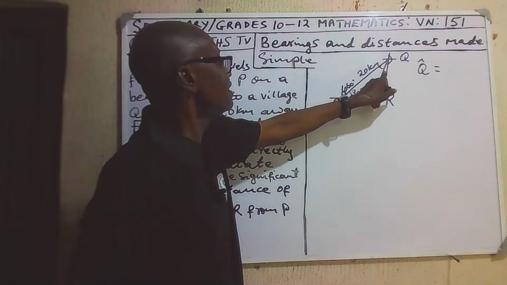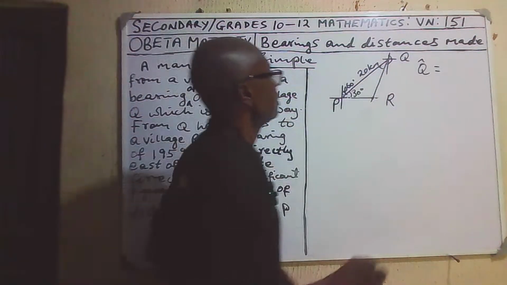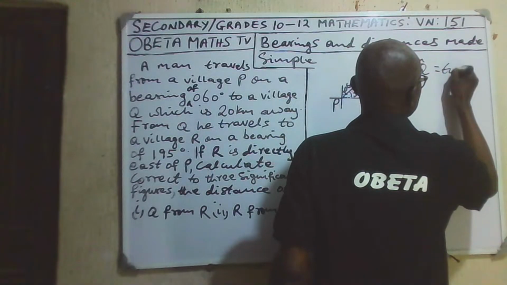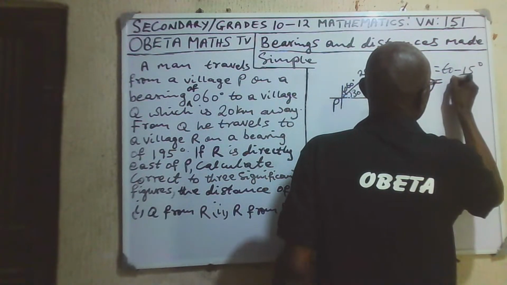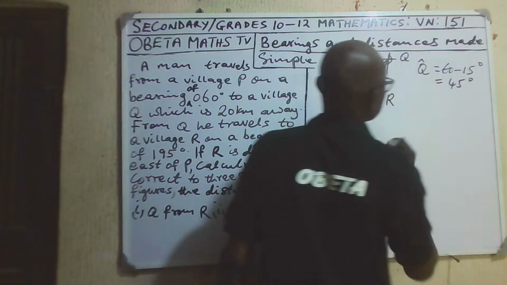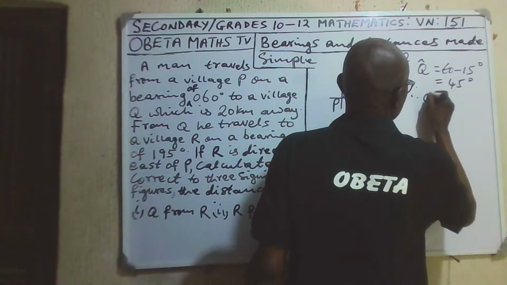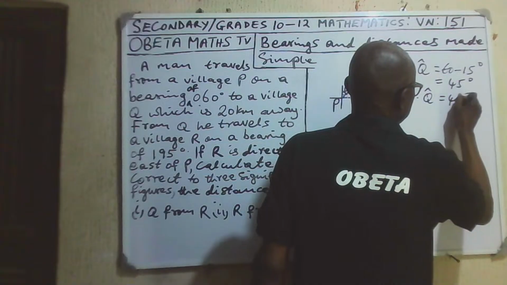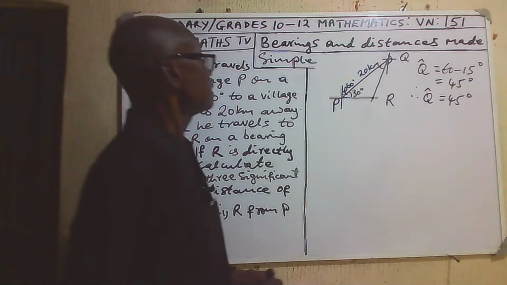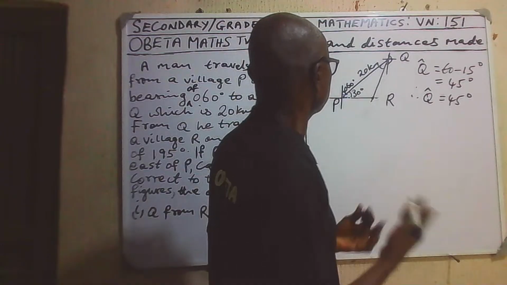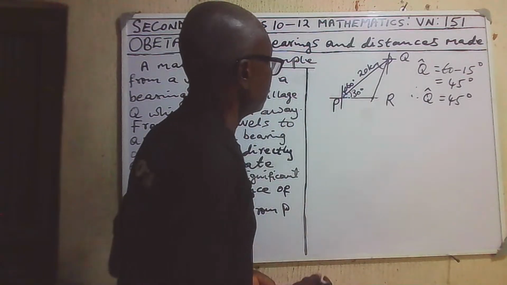So 15 degrees is the small space here. And that means we have 60 minus 15, and that will give us 45 degrees. Therefore, Q is equal to 45 degrees. So gradually we are coming to know all the angles.